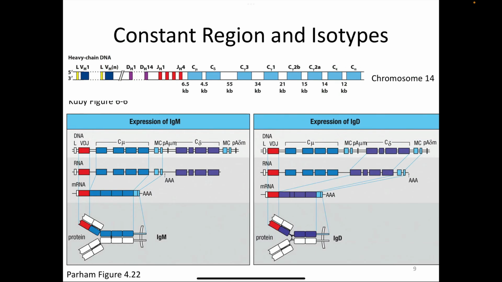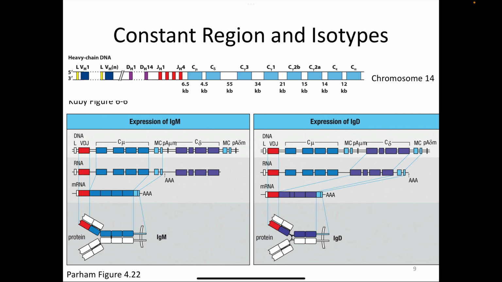But if we look at the locus, here you can see the V's, D's, and J's, and then you can see the different constant region DNA here. And you can imagine once we have done rearrangement and put together a V, D, and J, now we can start doing transcription there and transcribe that region. So we're going to transcribe from there on.